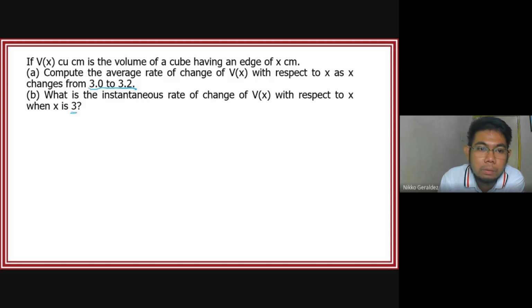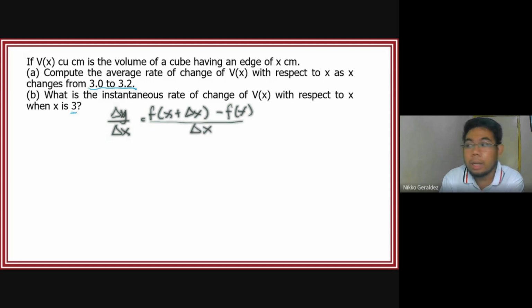So una, solve natin average rate of change. Ibang formula natin for average rate of change, so that is delta y over delta x, so that is equal to f of x plus delta x minus f of x over delta x. So, hanap natin instantaneous rate of change of the volume. So, volume ng cube, so that is v of x, so that is equal to x cubed.